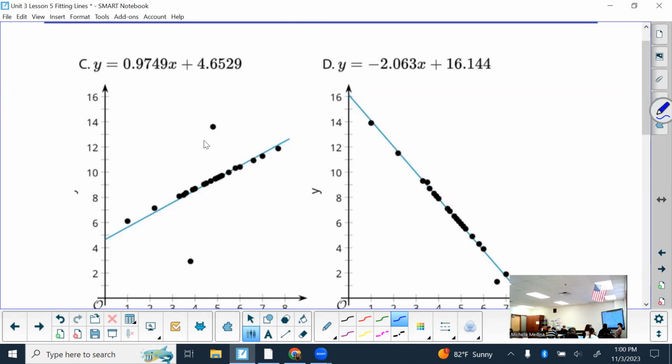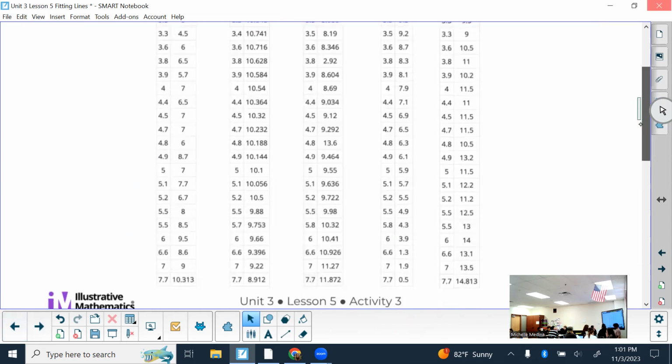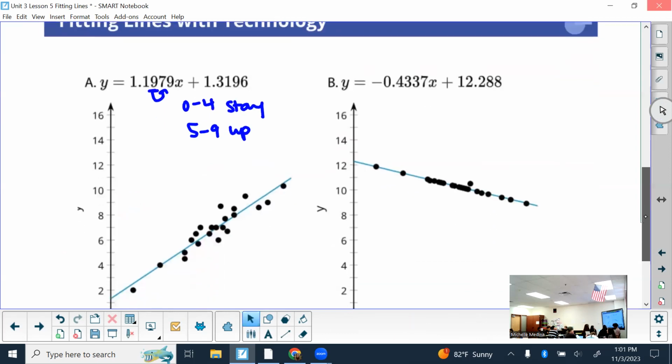Okay, isn't that pretty close? So negative 0.32. Oh wait, hold on. Well, B, that's B. I'm showing you C and B. Oh, okay. Let me go back to B instead. Isn't negative 0.3 close to negative 0.4?